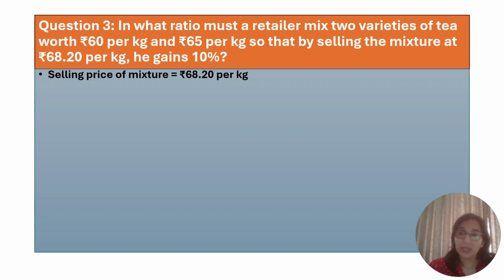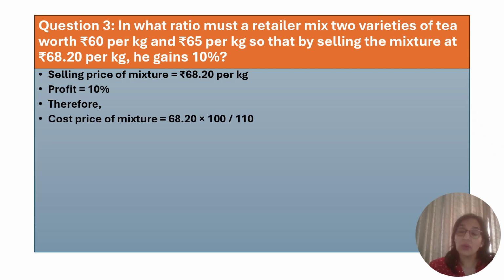So the selling price of the mixture is given, it's rupees 68.20. Profit is 10%. So how are we going to calculate the CP, that is the cost price? It is 68.20 into 100 divided by 110. Now how did we get this 110? We got it by adding 100 plus 10 because it is gain percent. So we get rupees 62 per kg.